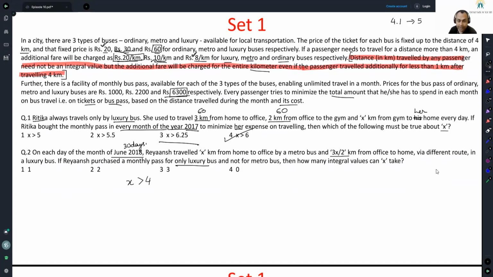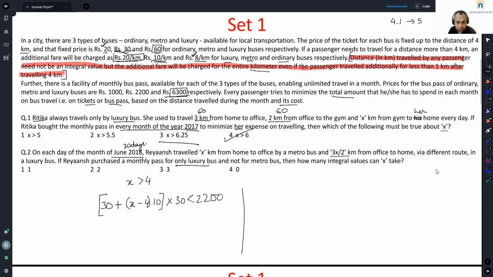Now, if X is greater than 4, under the metro bus working, he is paying 30 plus X minus 4 into 10 into 30. And this is less than the bus pass charges. Less than metro bus pass was 2,200.